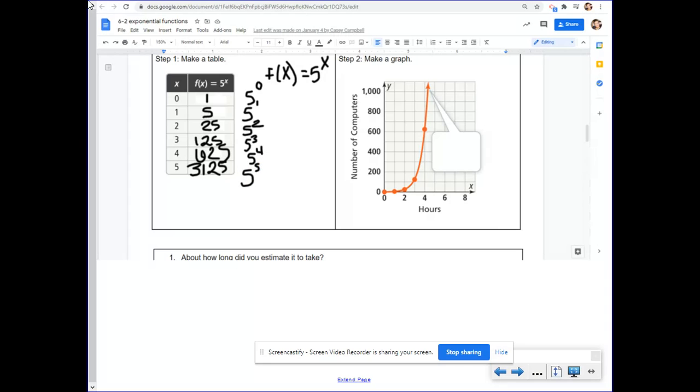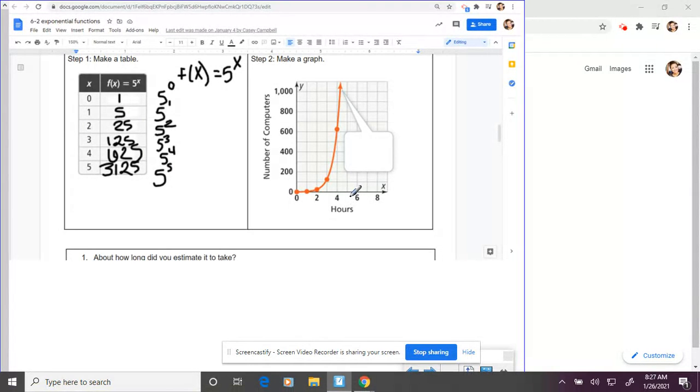If I want 5 to the fifth power, here's my calculator. Here's my 5. For whatever reason we can't see things today. 5 caret 5, that is 5 to the fifth power. It's also the same thing as taking 5 times 5 times 5 times 5 times 5, but I don't want to type that in every single time, so I use the exponent button in the calculator.